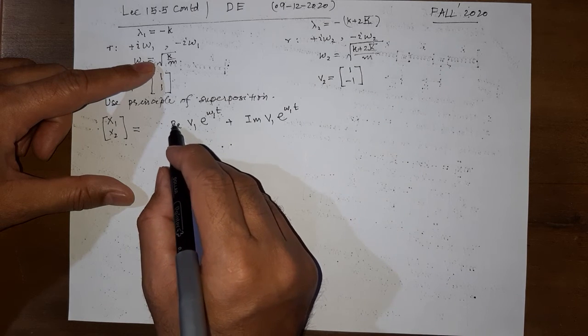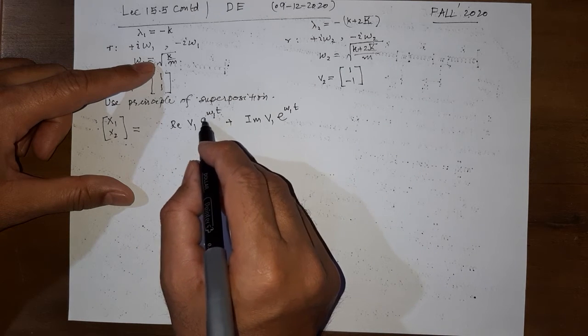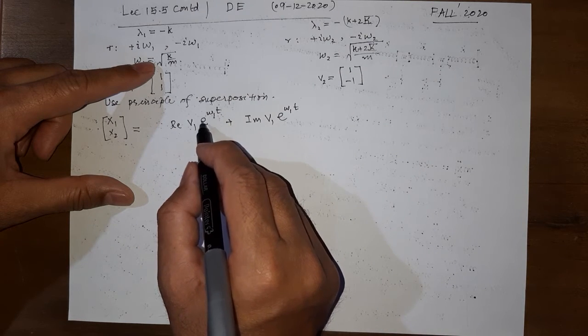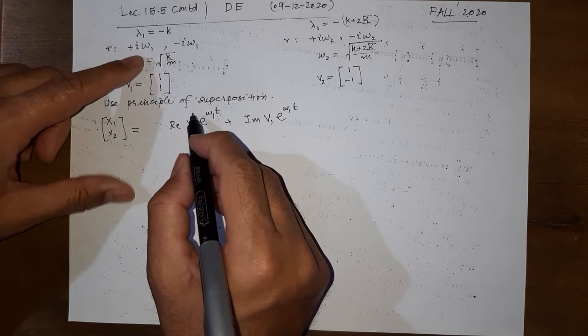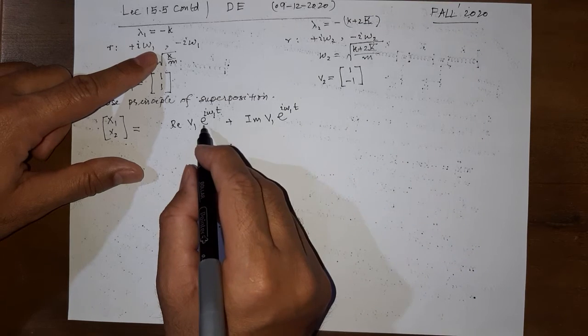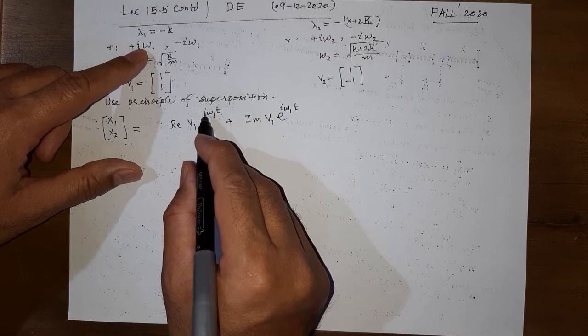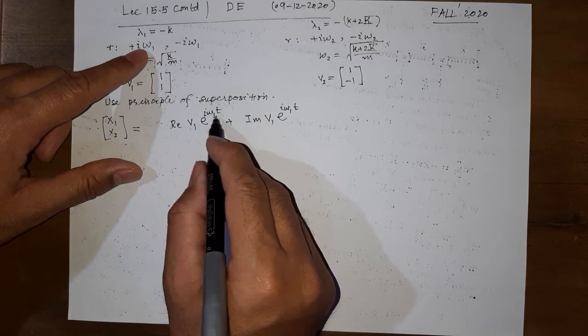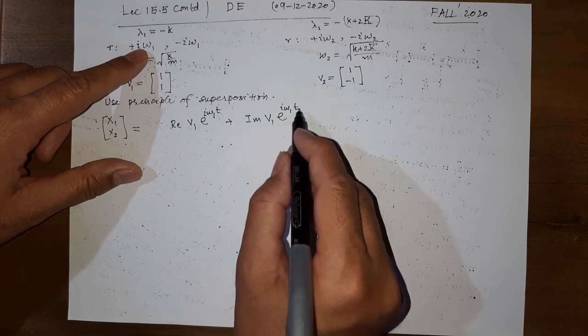How do we get the real part of it? Okay, I'm missing the iota, sorry. The real part of e raised to the power iota omega 1 t, and the imaginary part of this thing.